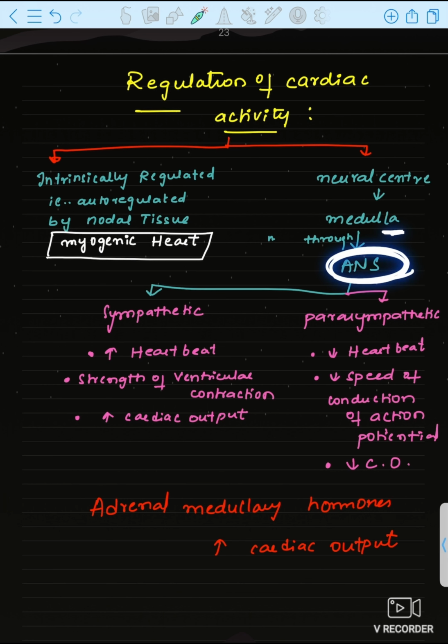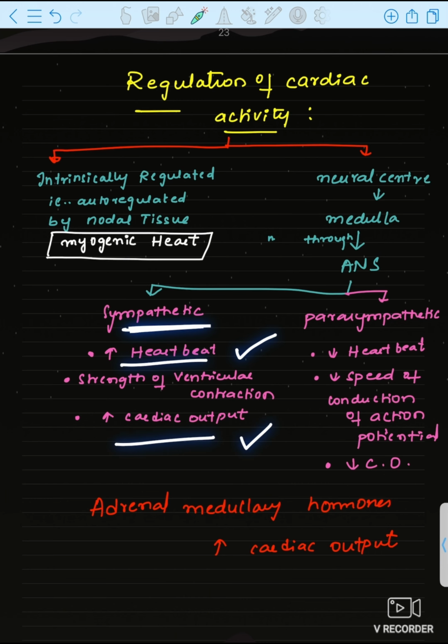Through autonomic nervous system, I told you autonomic nervous system is divided into sympathetic and parasympathetic, no? Through sympathetic system, heartbeat will increase, cardiac output will increase, and strength of ventricle contraction also will increase.